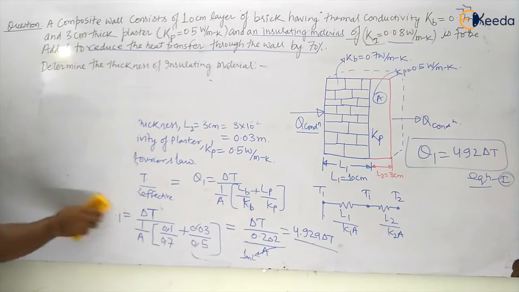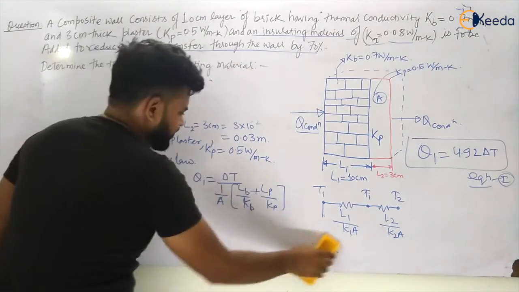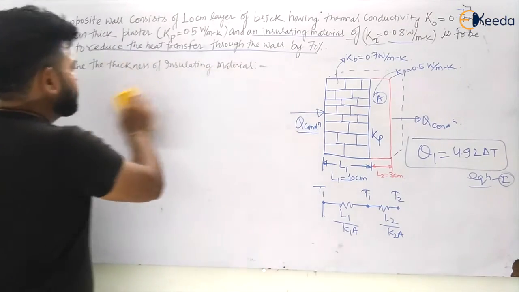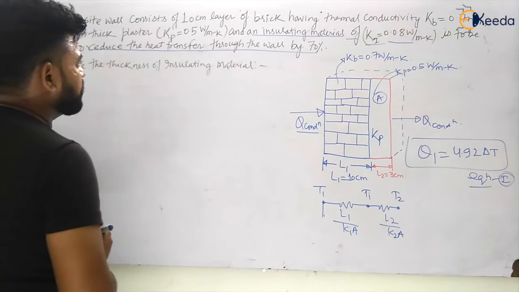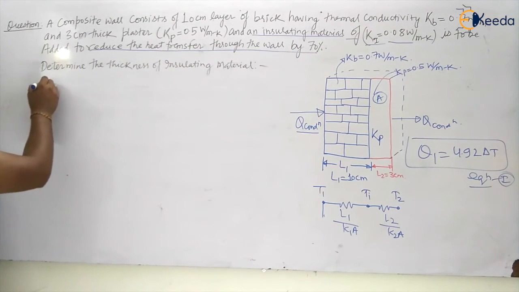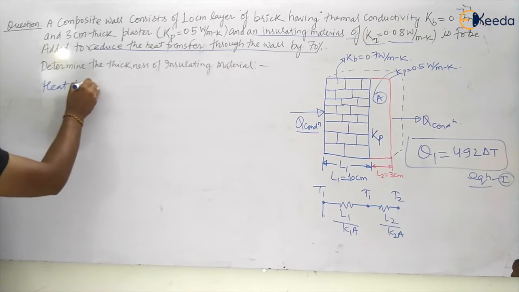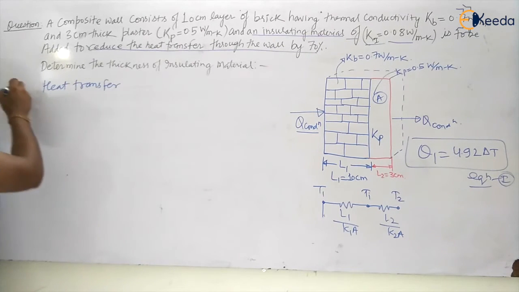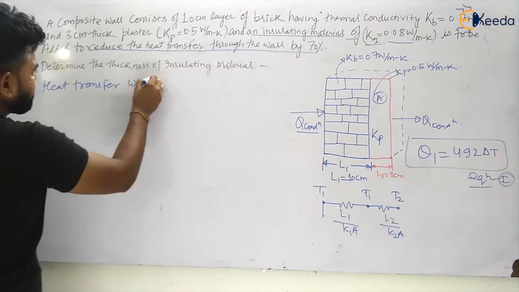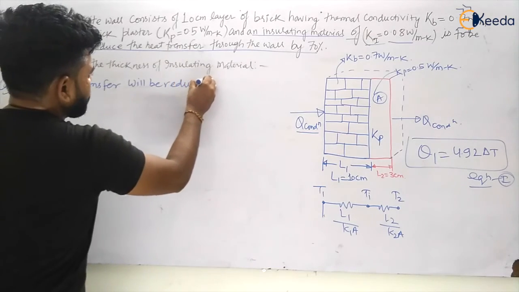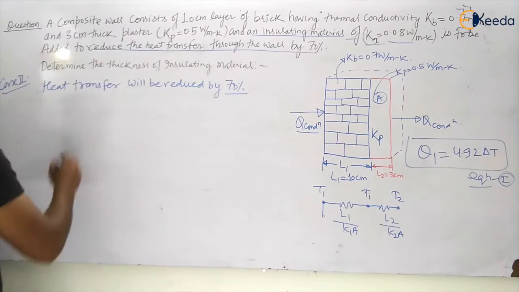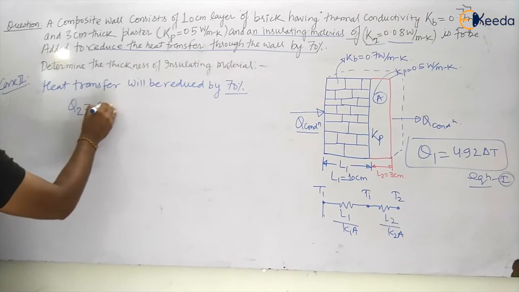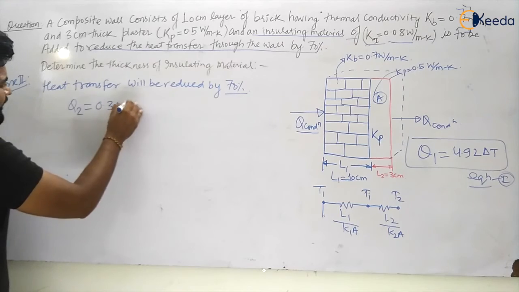So in the second case, heat transfer will be reduced by 70%. So when 70% heat transfer reduction is there, that means the heat transfer in the second case will be equal to 0.30 into Q1.